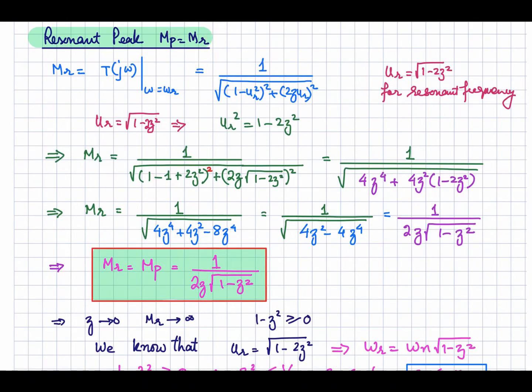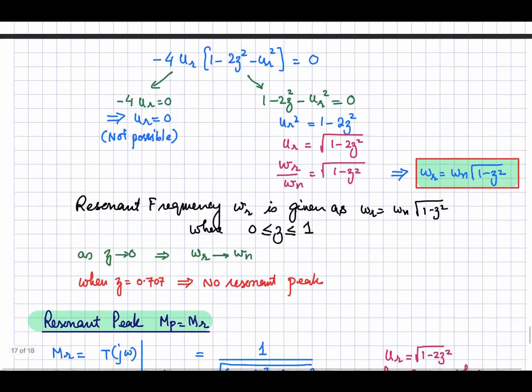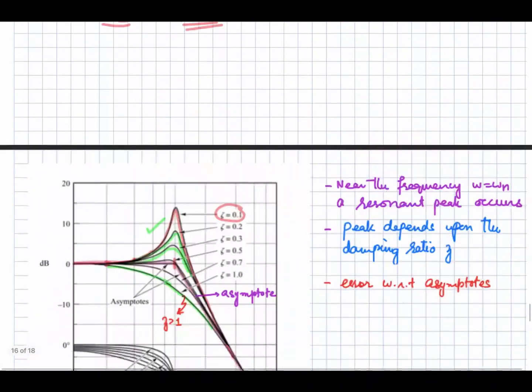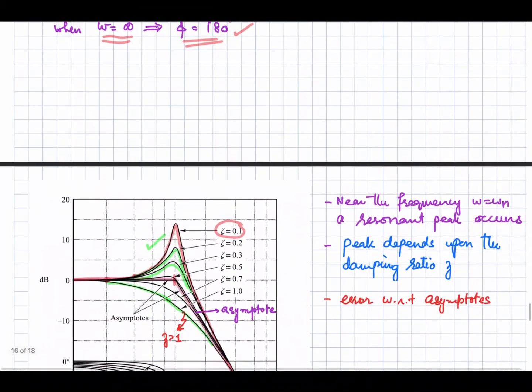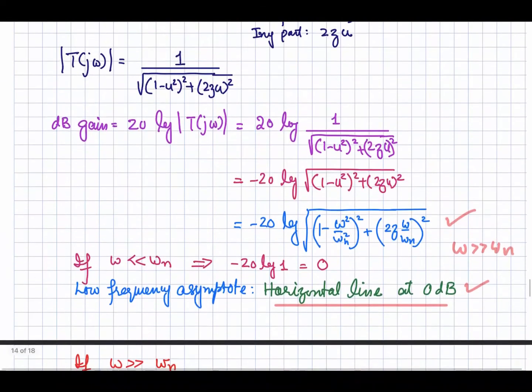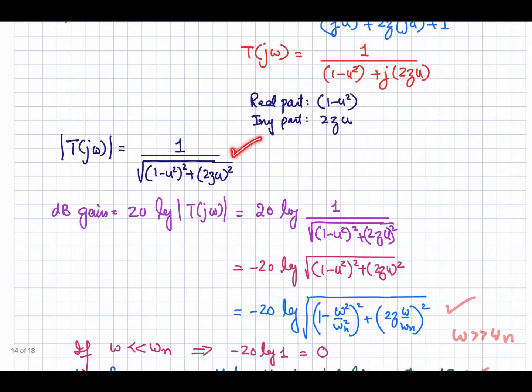Now let's calculate the resonant peak, that is, let's suppose equal to Mp or Mr. At the frequency equal to omega r, if you replace omega with omega r in the magnitude expression for the second order transfer function, which is given by this equation, you will get the magnitude corresponding to the resonant frequency.